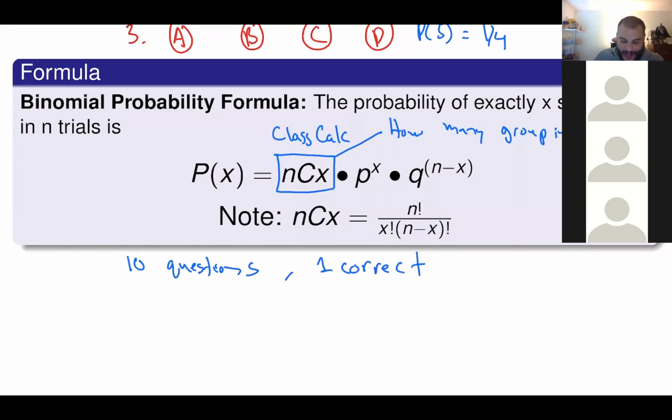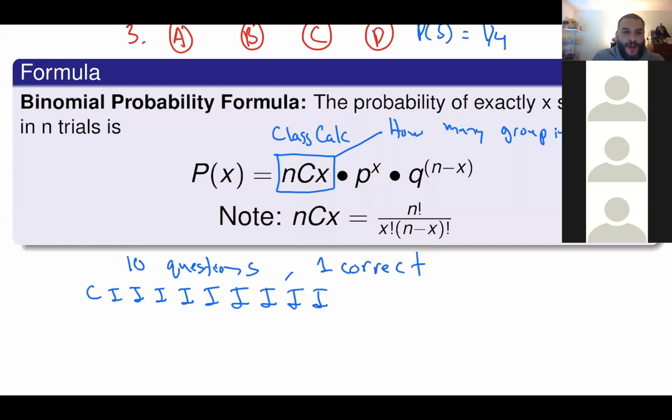So one way would be you could get the first one correct, but then you get everything else incorrect. So that's one way that you could get one correct answer and everything else is incorrect.